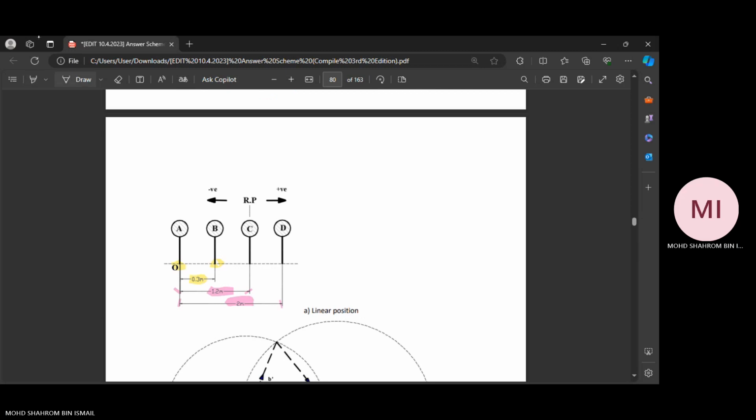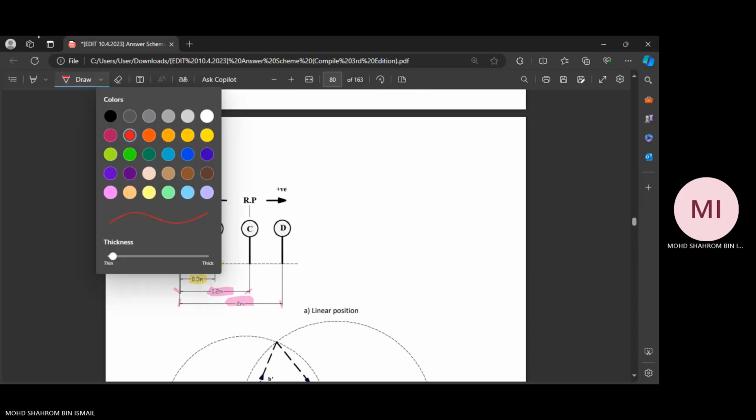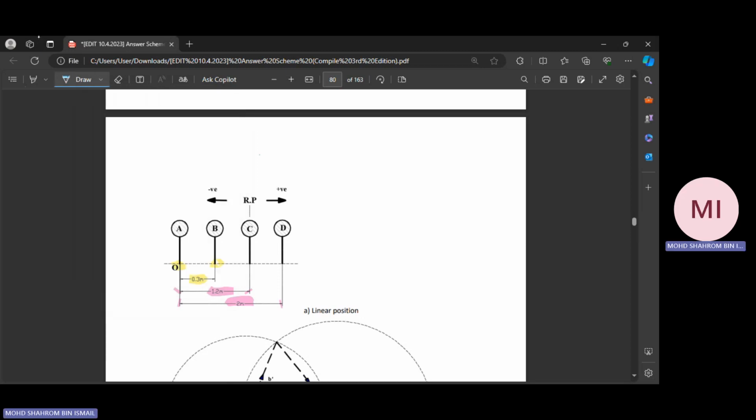For this case, let me go by good color. Okay. For our case now, here, we don't know what is the mass.